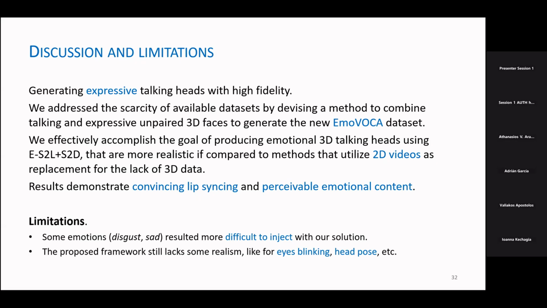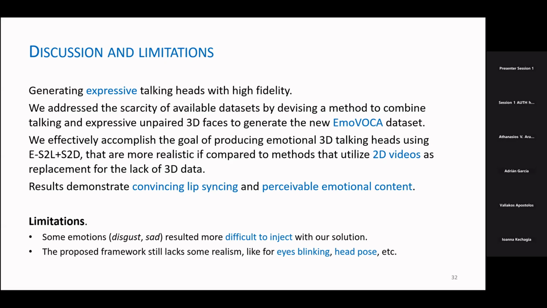Of course, the result is not perfect because we did not take much into account some other aspects of realism, for example the eye blinking and the head pose. So we concentrated mostly on the mouth region, on the lip movement.